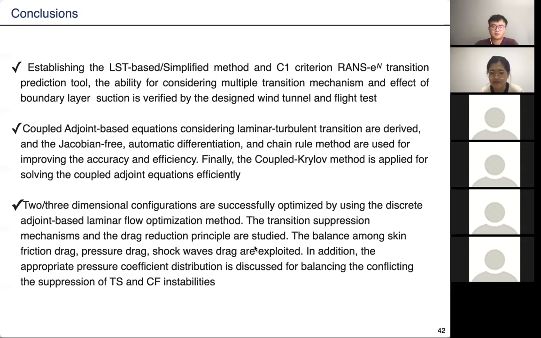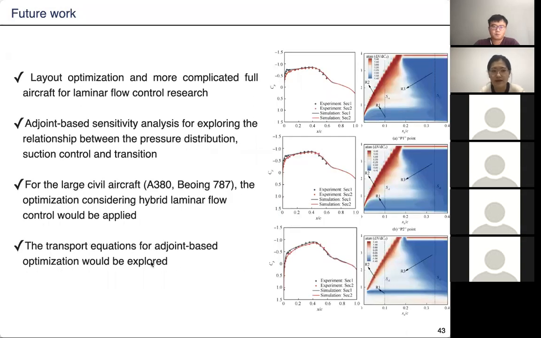In addition, our framework is also able to balance the conflict in suppressing both the Tollmien-Schlichting and the cross flow instability.